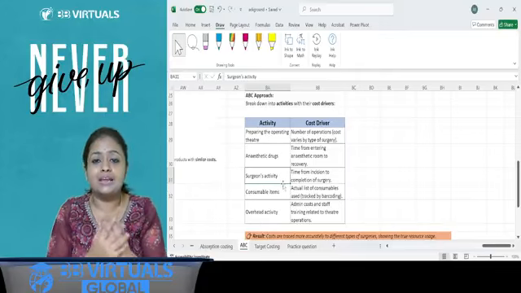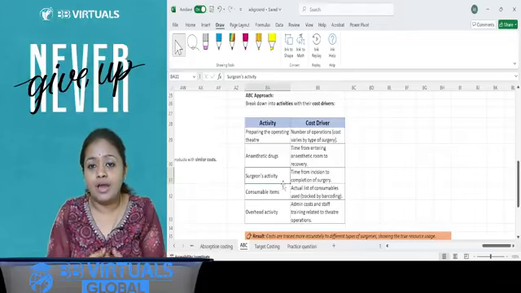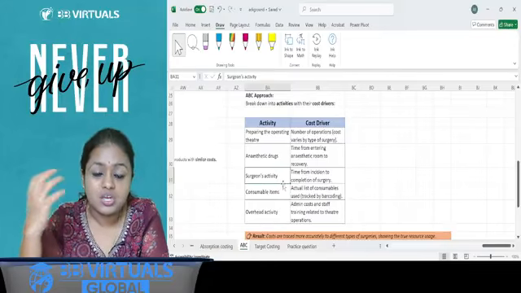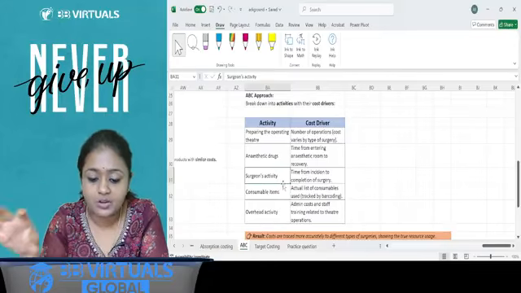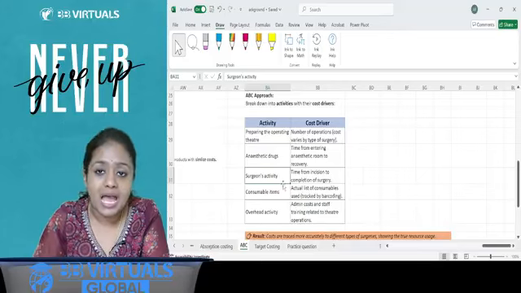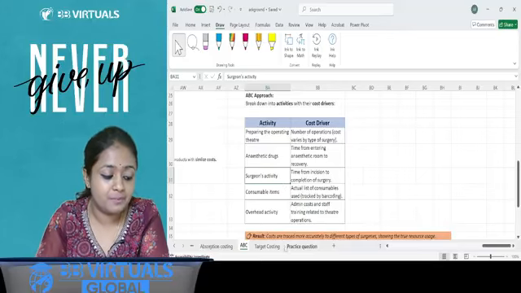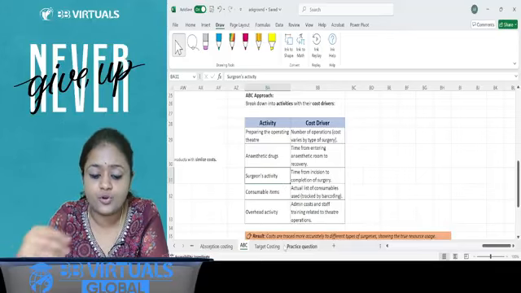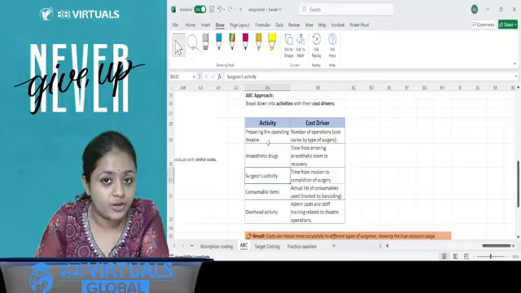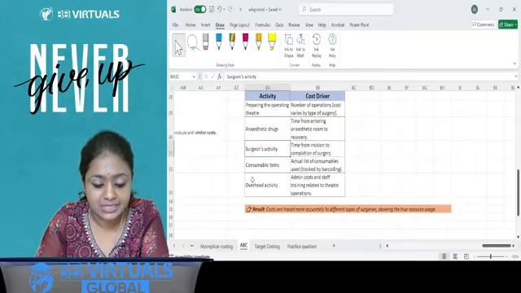Consumable items like gloves, syringes, masks, will be tracked on the basis of consumables used for every surgery. And finally, the overhead activity, the admin role, the other staff role relating to the theater operations. So all these will be the different cost drivers that are driving these activities.